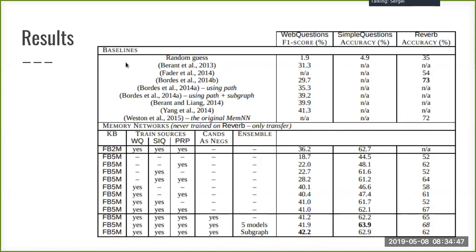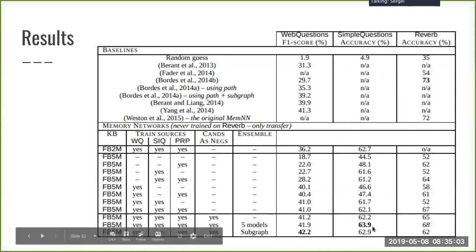But surprisingly enough, the transfer learning setup gives a decent result compared to the original guys who actually trained on this data set. All of this is F1 scores. Oh no, this is accuracy, my bad.